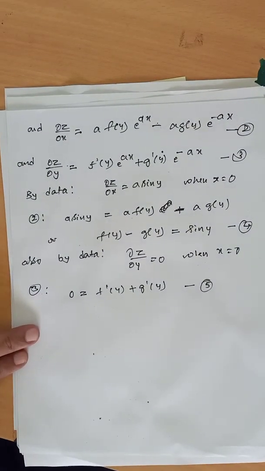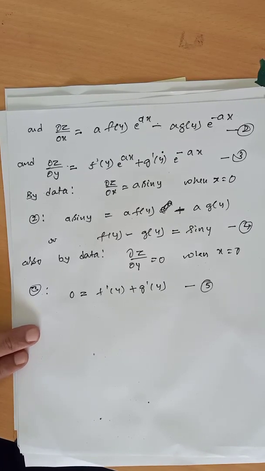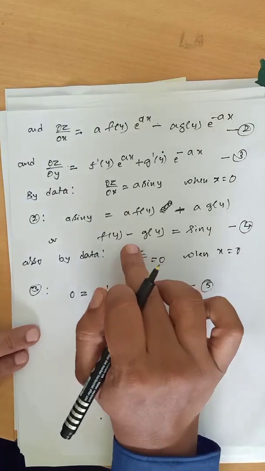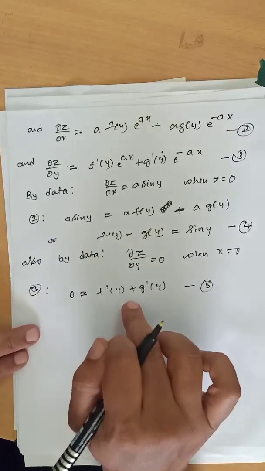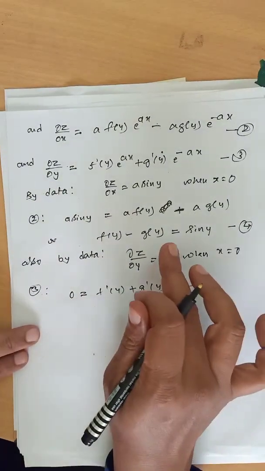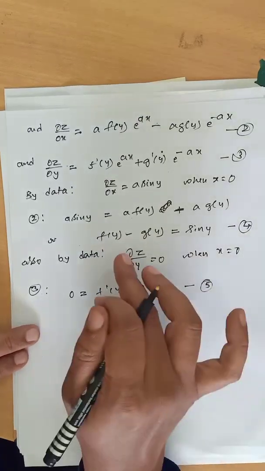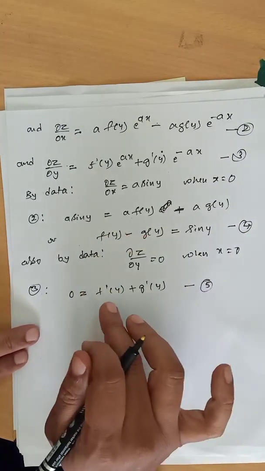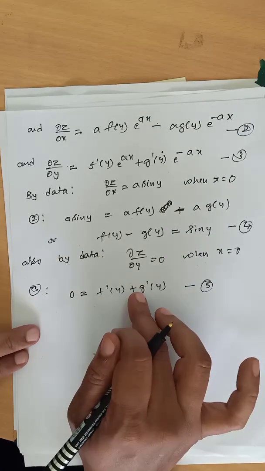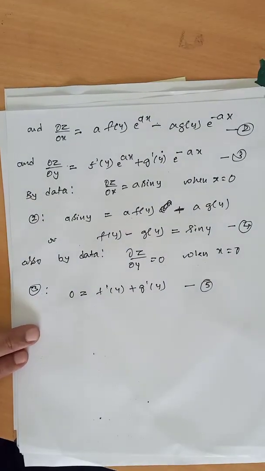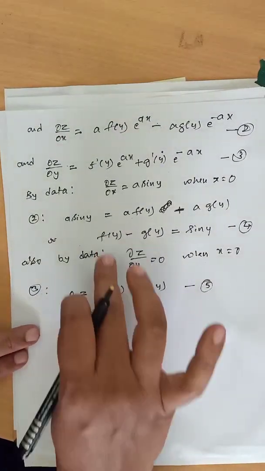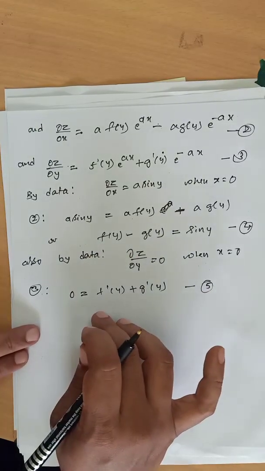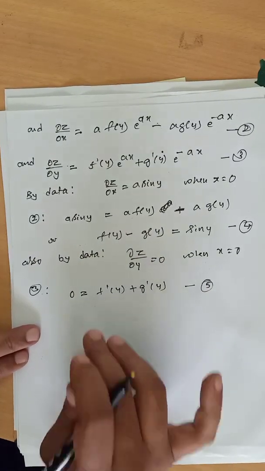See, using condition 1 and condition 2, we get equations 4 and 5, but just compare them. Here f(y), g(y) are there, here f'(y), g'(y) are there. We can't find f(y), g(y) using these two equations directly, but we have only one option.